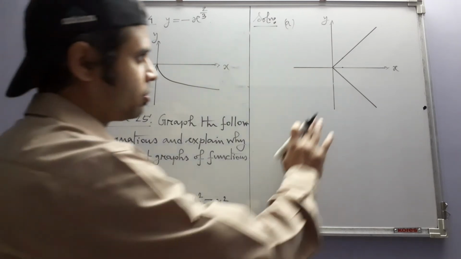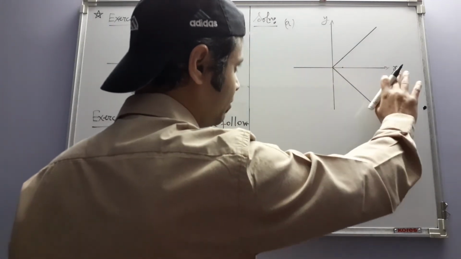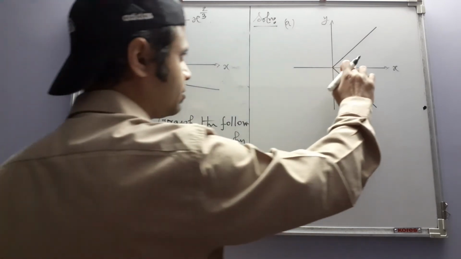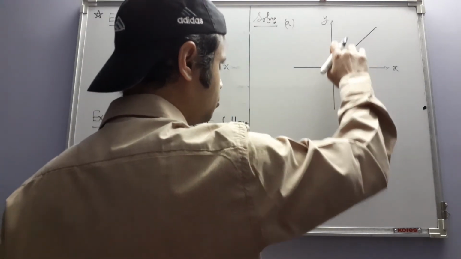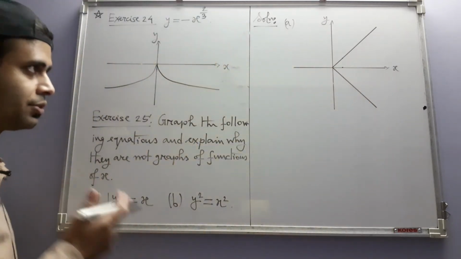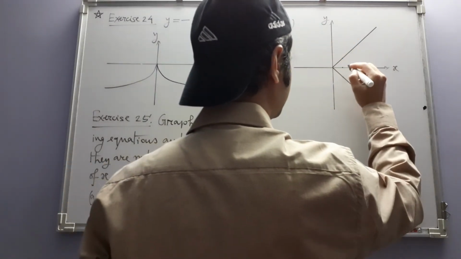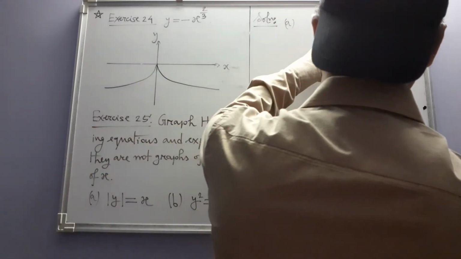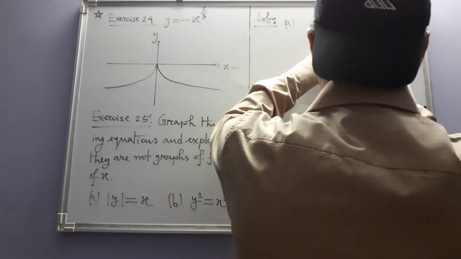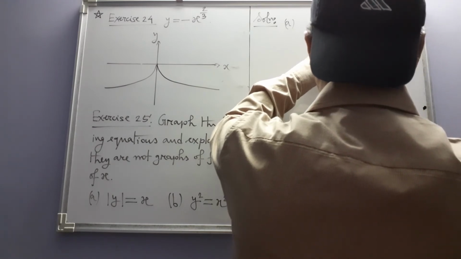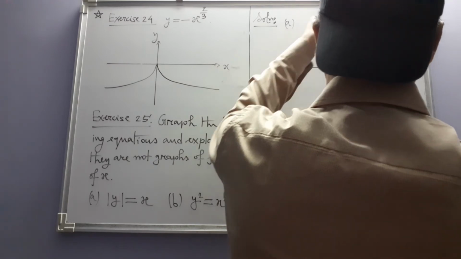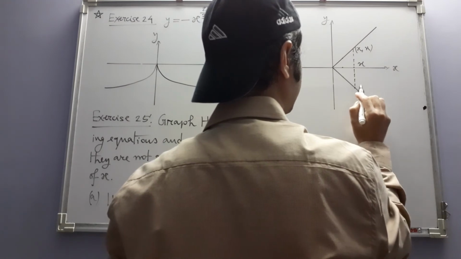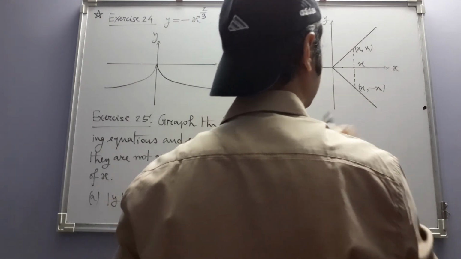So only positive, non-negative values of x are allowed, and for a given value of x we have two values of y. One of them is x, that is if this is our x for example, then this point is x comma x and this point is x comma minus x.